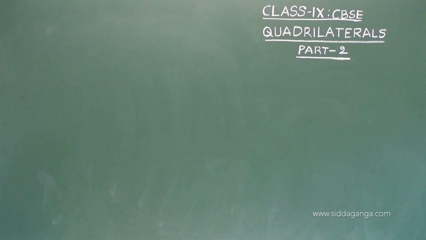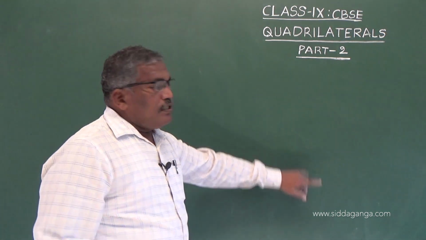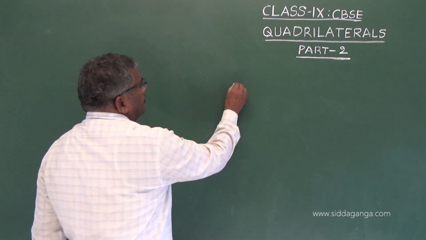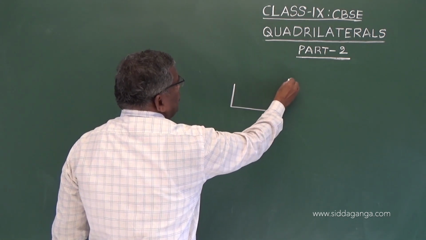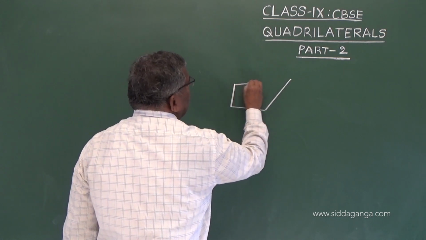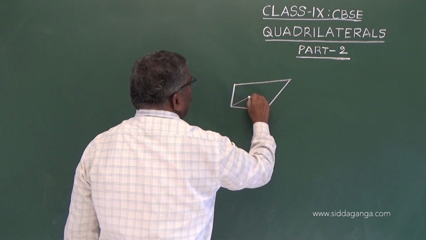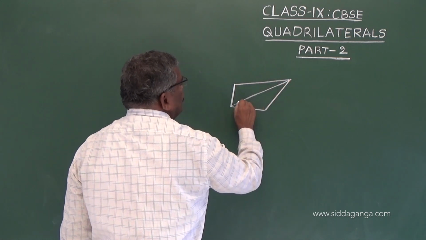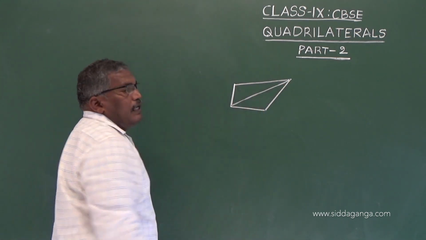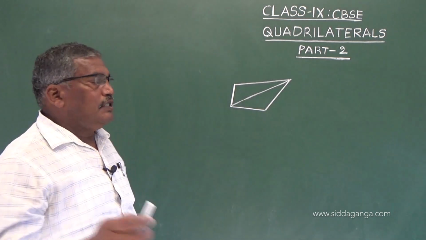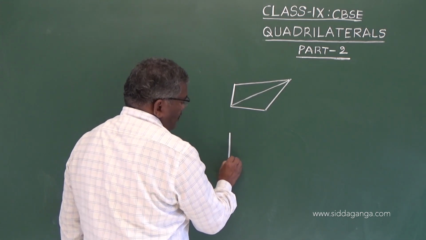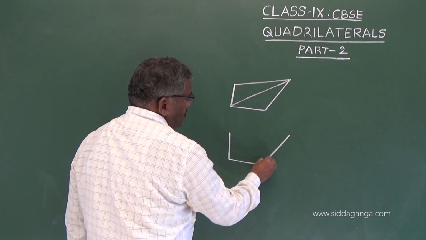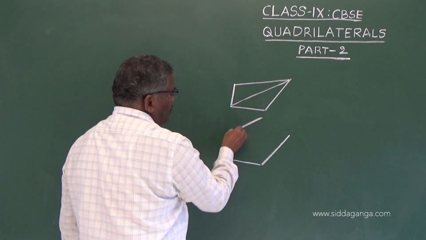Now please understand, a quadrilateral is a four-sided figure. We have divided it into two triangles. So 180 of this triangle and 180 of this triangle become 360 degrees. Suppose we have a pentagon, a five-sided figure like this.